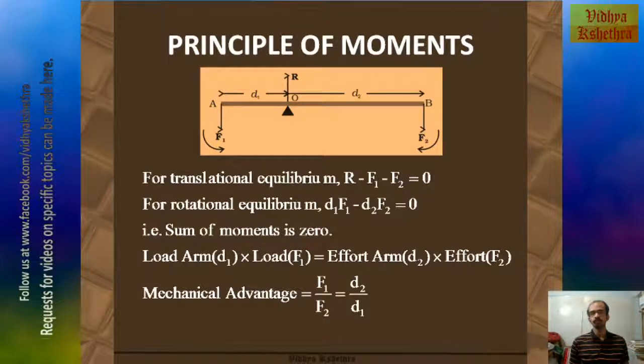Now, the mechanical advantage of this lever is given by F1 by F2 is equal to D2 by D1. If D2 is greater than D1, then the mechanical advantage will be greater. That is, the force required to lift a load will be much lesser, or the effort required will be lesser. Hence, mechanical advantage will be higher.